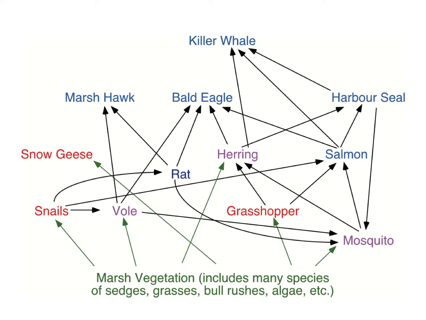There are often keystone species that play a more important role in an ecosystem than other species. An example of a keystone species is the sea otter, which played a really important role in kelp forests.